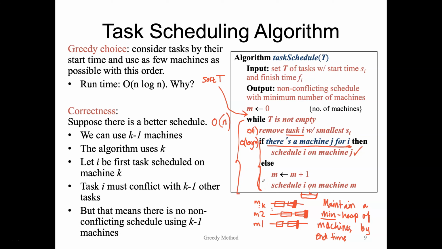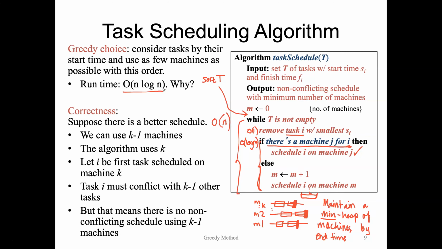That logarithmic running time, just to execute this if statement once, comes from removing from our heap of machines the machine that has the earliest end time, and then comparing our task against that machine to see if it can be scheduled on it. Okay, so our total runtime is big O of n log n.